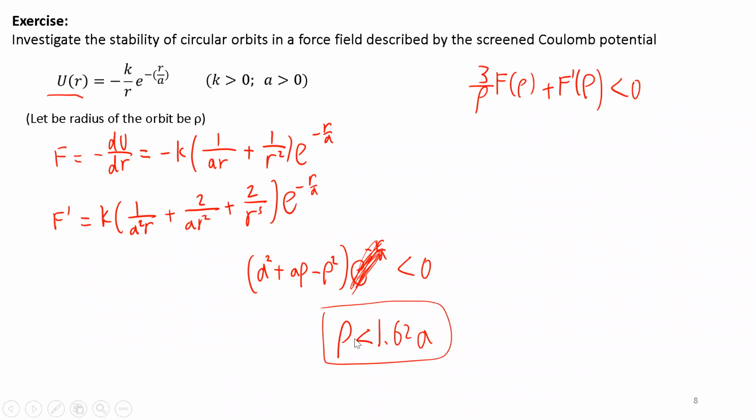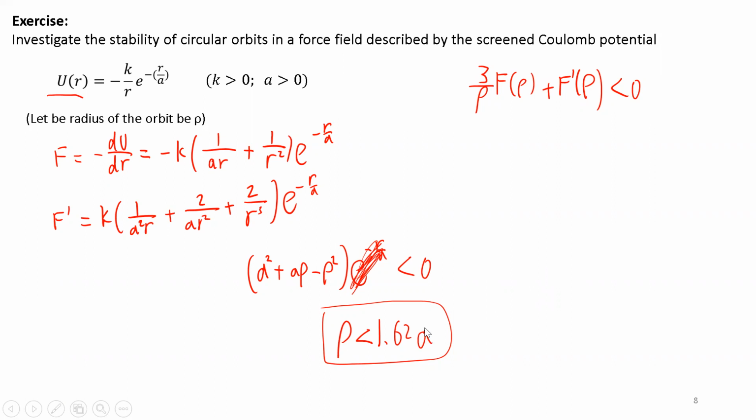What it really means is that if the radius of your circular orbit is smaller than a certain value here, then that would be stable. Otherwise, that would be unstable.